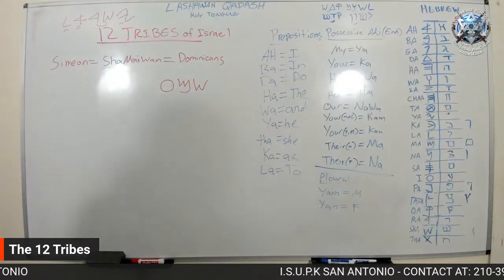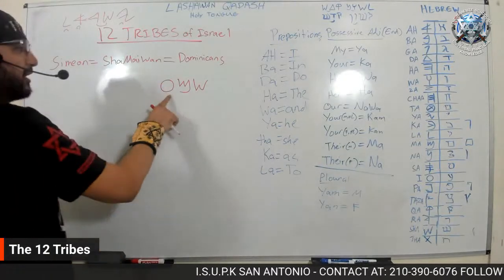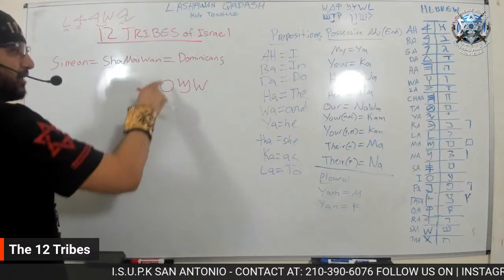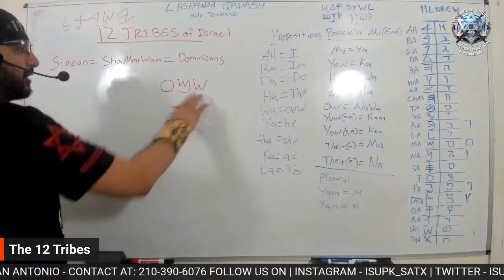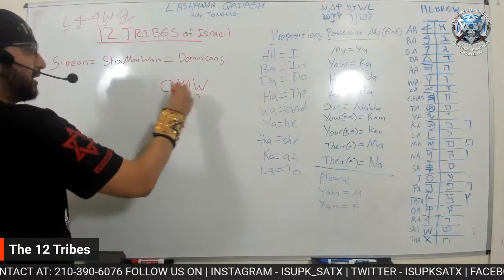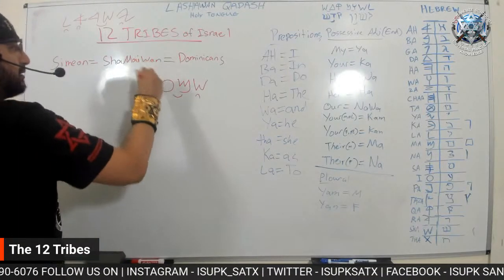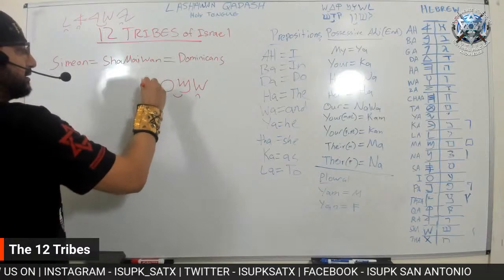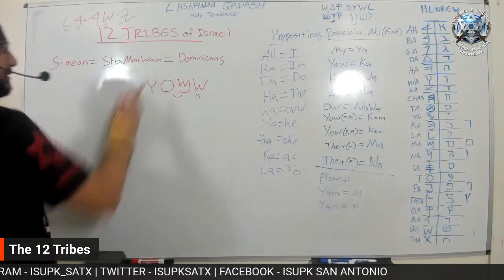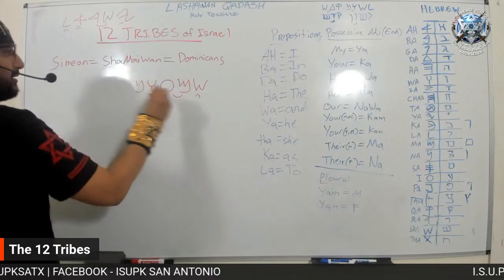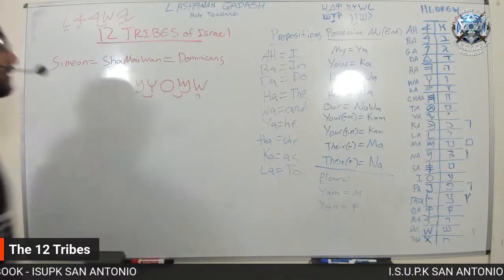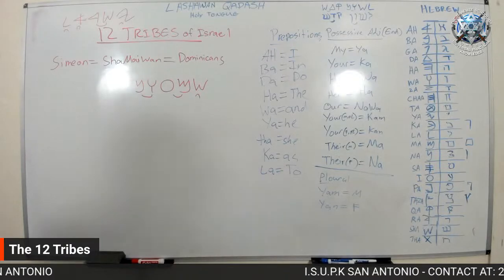Because these being a pictorial language, it'll actually sound like what it looks like. Okay. All right. So Shemai, Wa, which looks like this. Yeah, Wan with the na at the end, just like that. Shemaiwan, right? That's what it looks like.